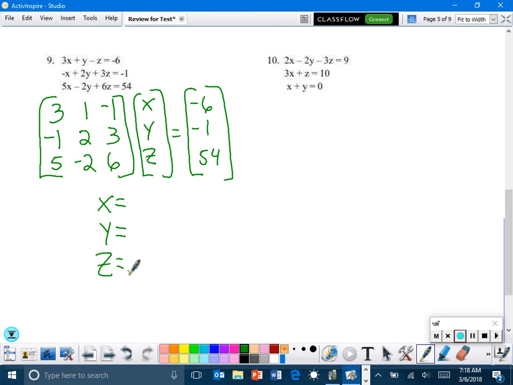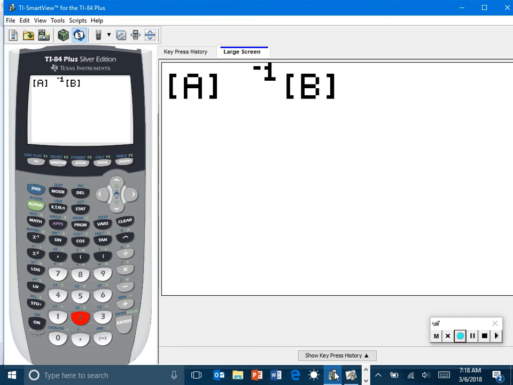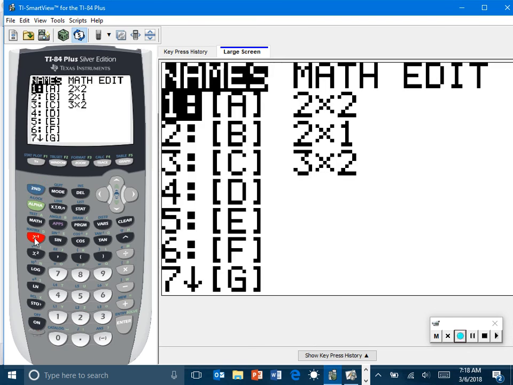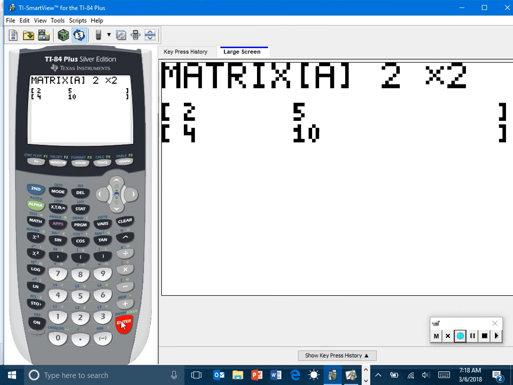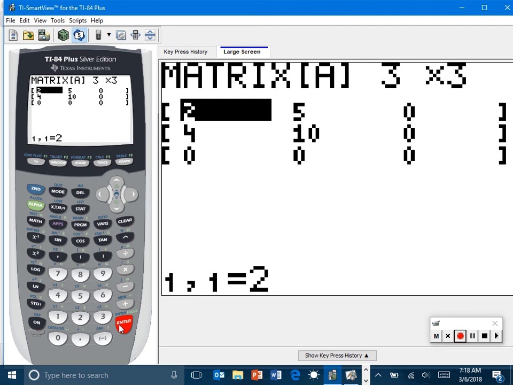All right, now when we go to our matrix on the calculator, we're going to need to change our dimensions. So 3 by 3. Okay, and then put in all the numbers.